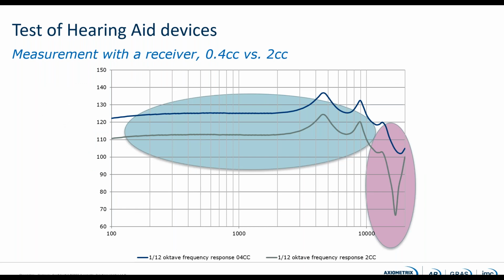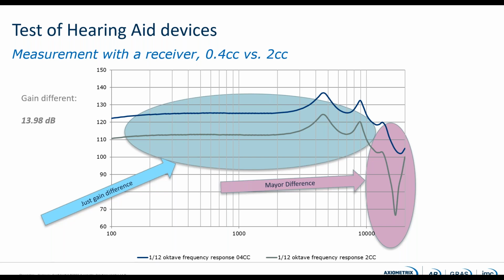If we go to next, and look at the main difference, one of the differences we can see is that there's a gain difference between the two. The blue graph is the 0.4 cubic centimeter, and the green graph is the 2 cubic centimeter. So there's a gain difference, and this gain difference is due to the difference in volume.